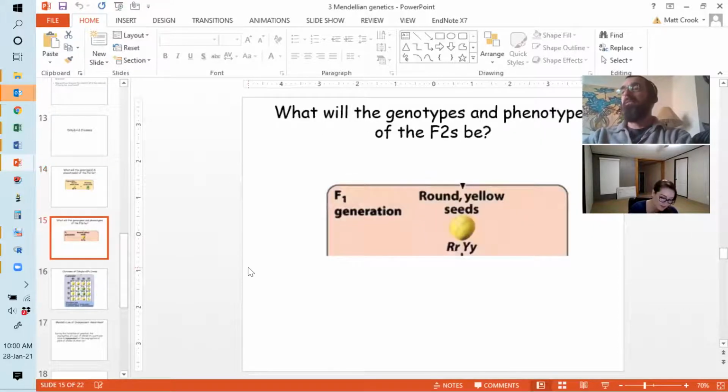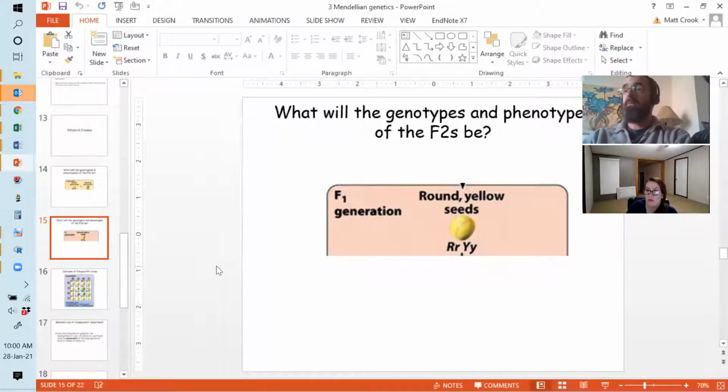Okay, so anyway, getting back to the program. Heterozygous for both, F1 generation. Always, always, always, right? Here's another thing to remember. If I'm going to get you to do a cross that is not a monohybrid or a dihybrid cross, I will not call it a monohybrid or a dihybrid cross.